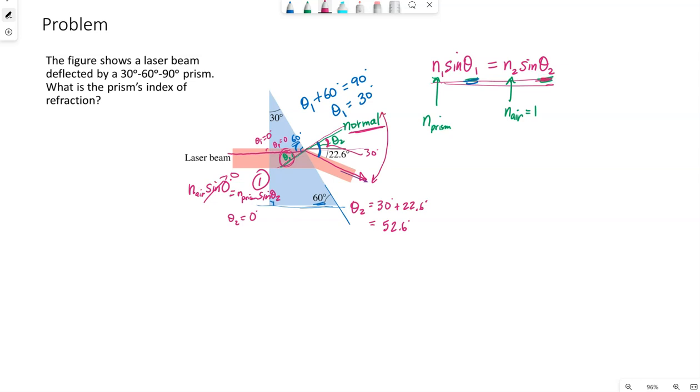Well, now we have theta 2. So we can say n of our prism, I'll just use p, times sine of theta 1, which we found to be 30 degrees, needs to equal n2. The light's going out into air, so n2 is just n of air, which is 1, times sine of theta 2, which we found from the geometry of the problem to be 52.6 degrees.